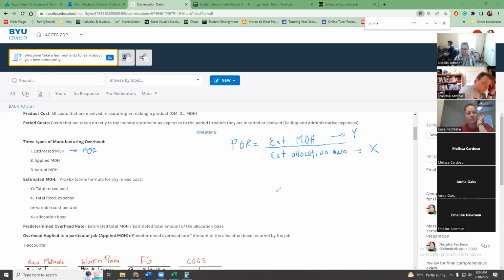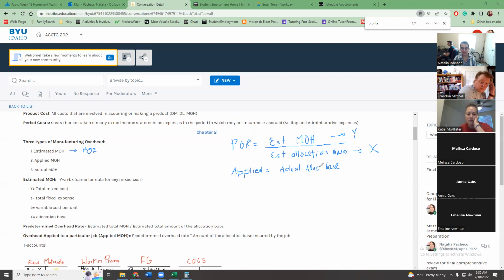Okay. And then for the applied manufacturing overhead, do you guys remember how to do it? Actual machine hours, or the actual manufacturing overhead costs over the actual allocation base.